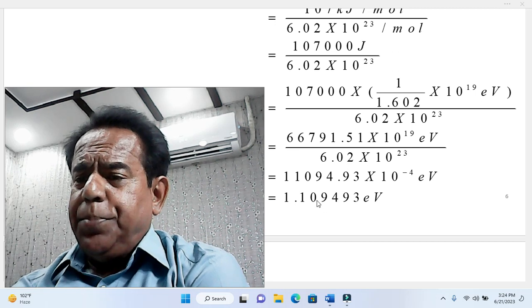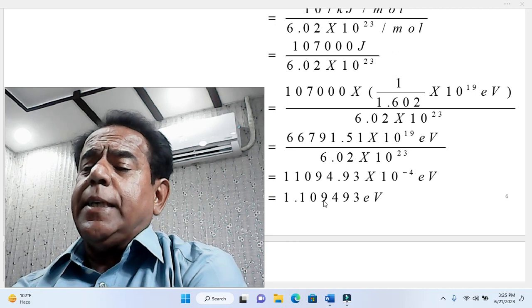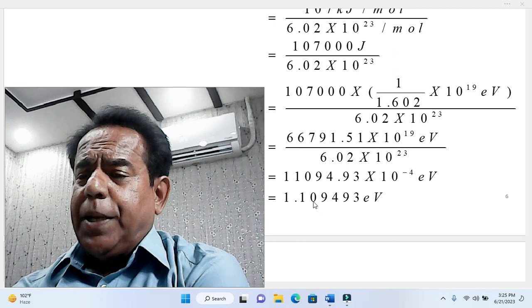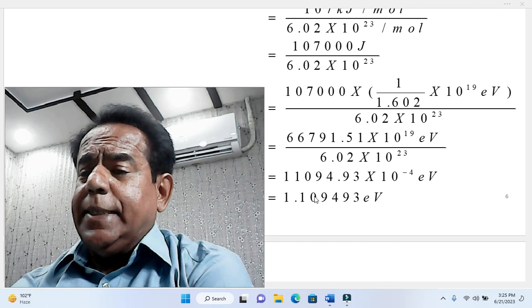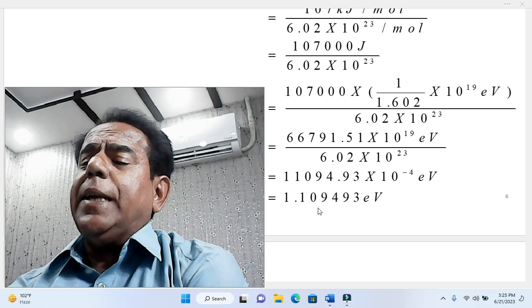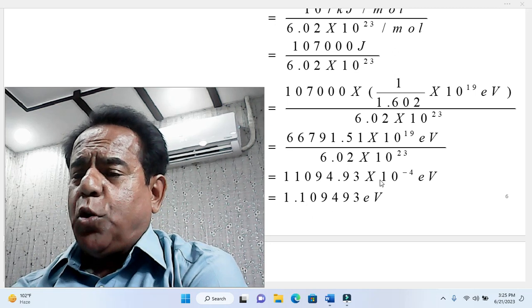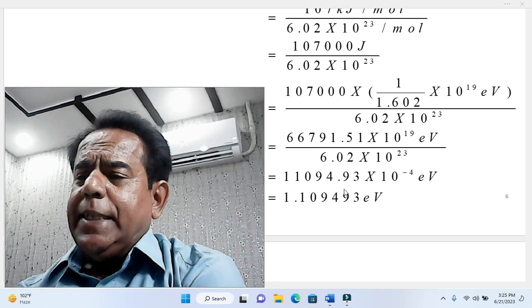Okay, because the digit after 0 is greater than 5, so we can increase this by 1, and hence we may write 1.11. But even if we write it in this form without any change, it will be acceptable.